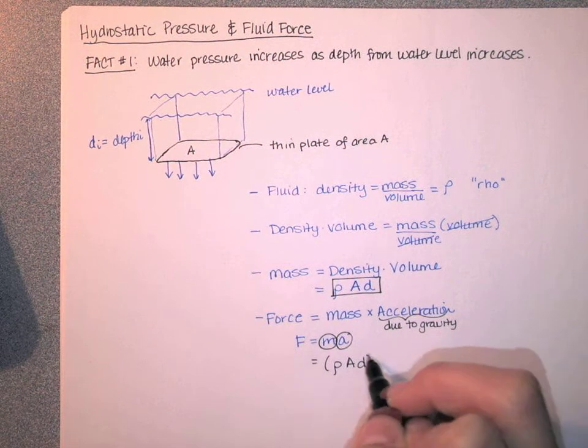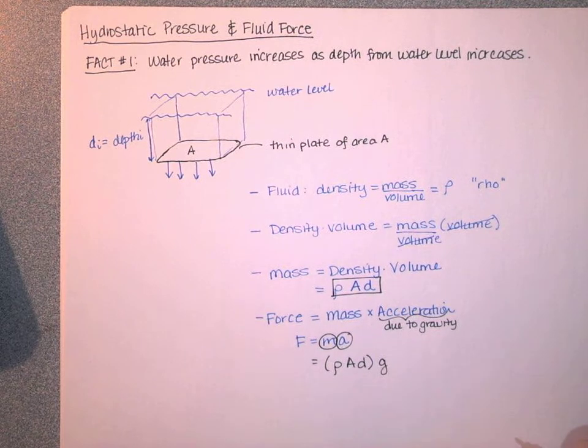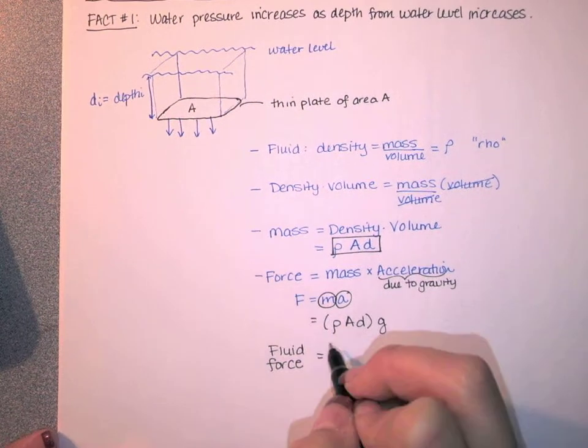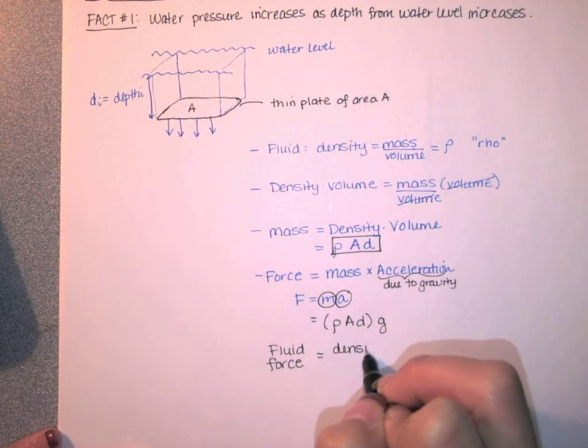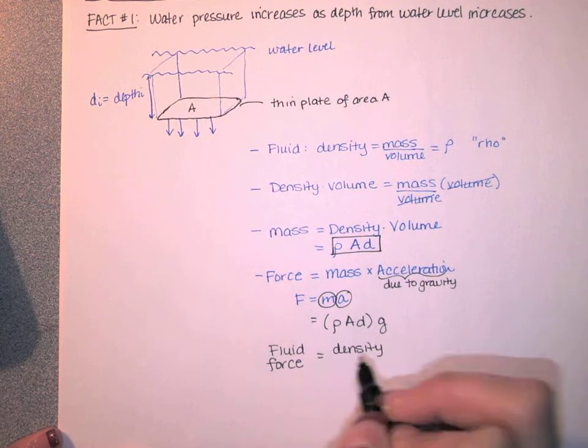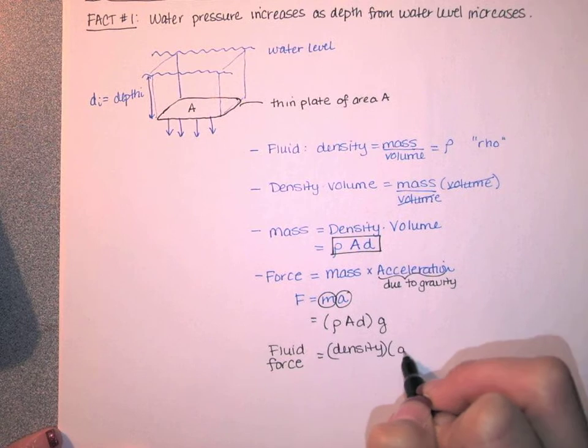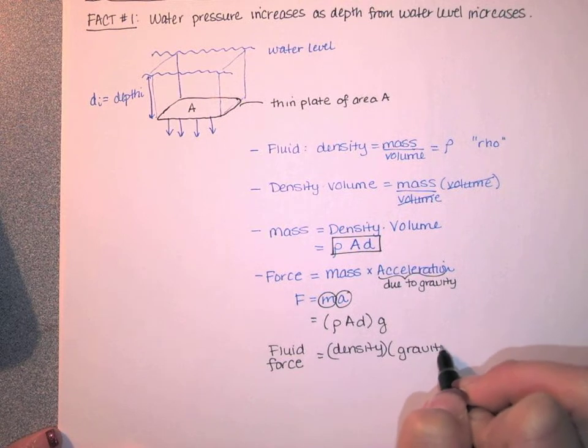So we're going to multiply by gravity, which is g. So the fluid force, the force due to this fluid acting on A, is the density of the fluid, so it's mass per unit volume, times gravity, acceleration due to gravity.